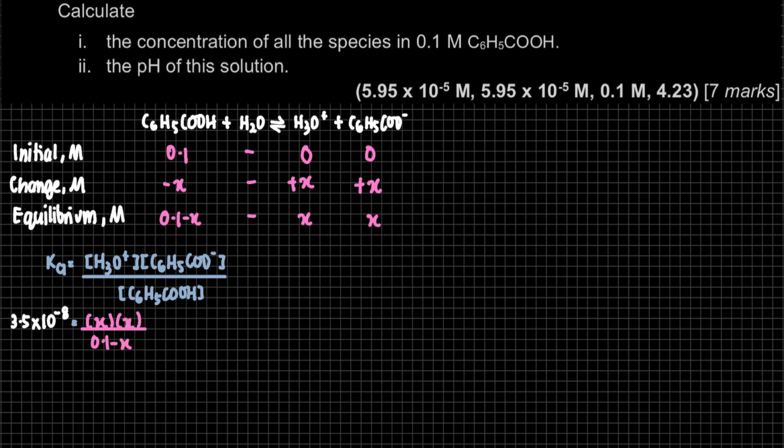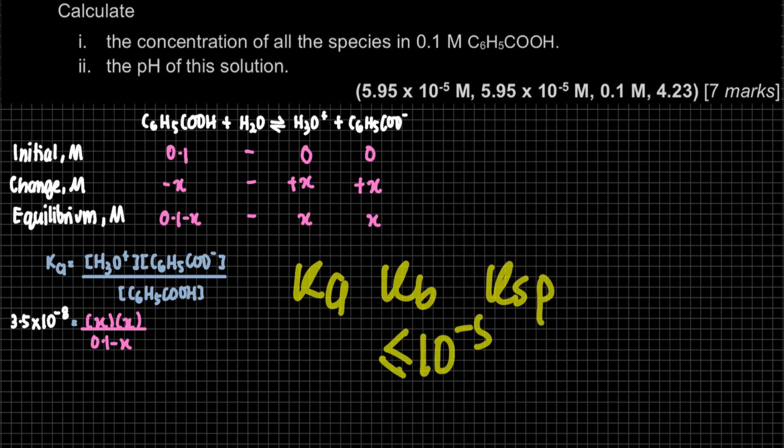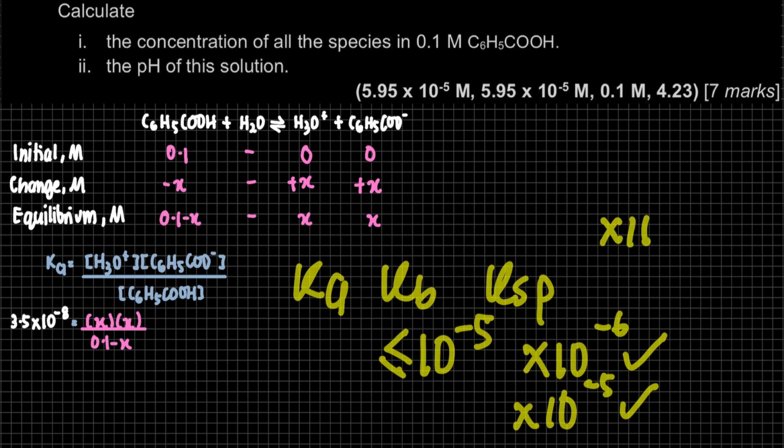But for chapter 7, where there is Ka, Kb, Ksp, if the value is smaller than exponent negative 5, then there are some rules, or some exceptions. For example, exponent negative 6 is accepted, exponent negative 5 is accepted, exponent negative 4 is not included.